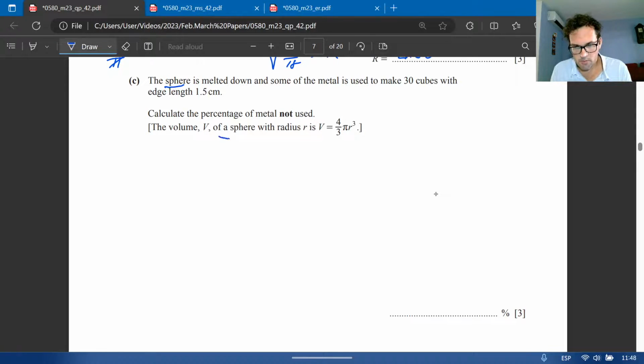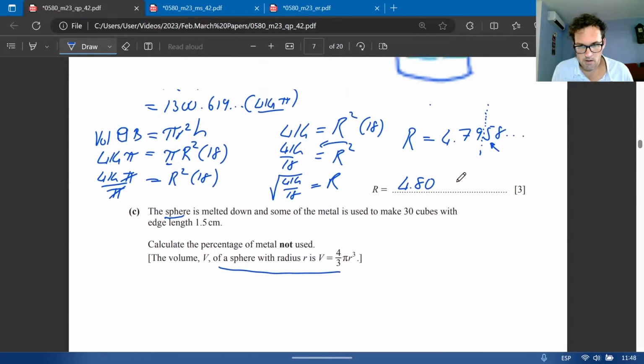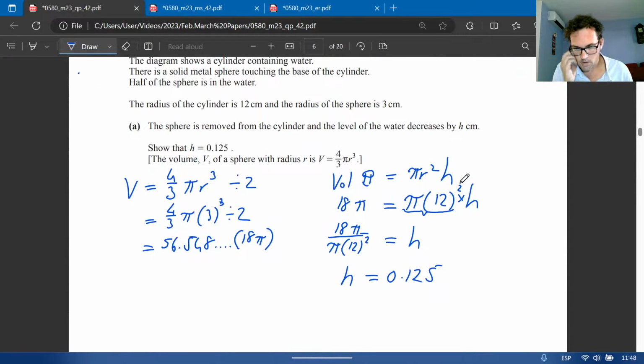We can use this formula, but we did kind of work it out last time, didn't we? We worked it out here in question 1. Only thing is, we divided it by 2 because we worked out half the sphere. Now we just need to double it and we have the whole volume. So we can take this answer and double it, or even easier, the 18 pi.